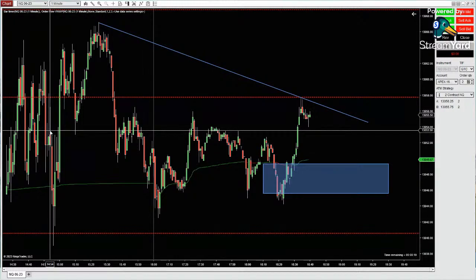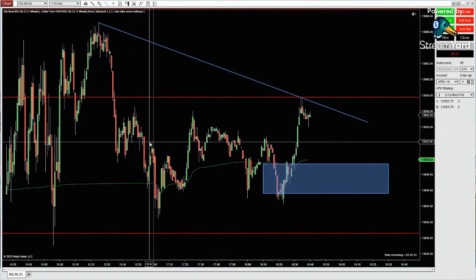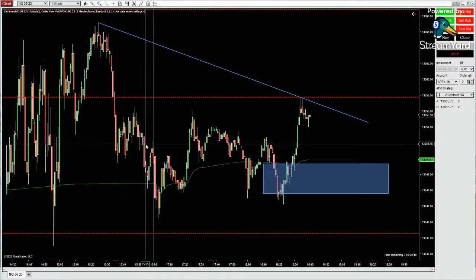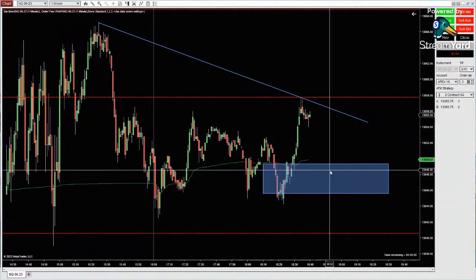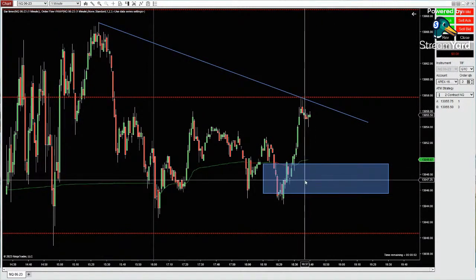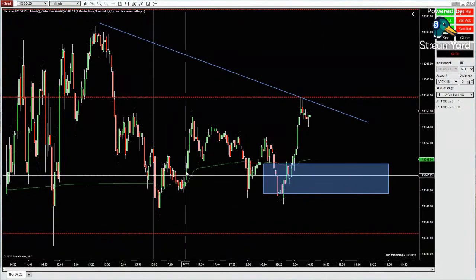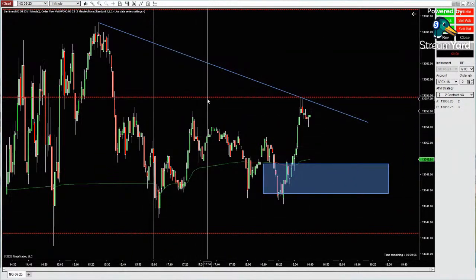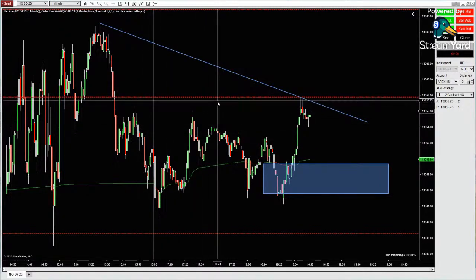But other than that, guys, like I said, I like to trade Nasdaq. I do the setups on the 5 minute. I like to draw these zones, basically where the market likes to come in and reject price. These red lines are just basically support resistance, just go up on the higher time frames.